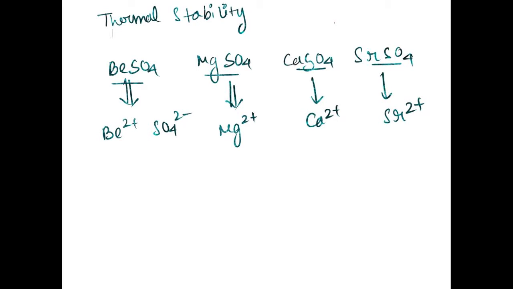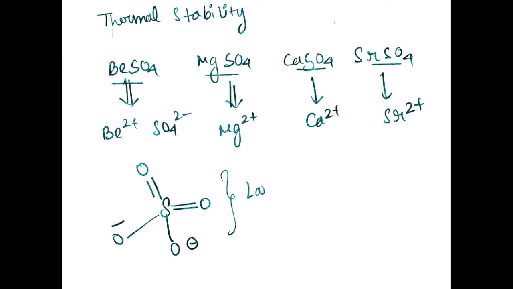For thermal stability, as we know, sulfate ion is a large anion. If it binds with a larger cation, that binding will be more prominent. So with increasing size of the cation, the interaction between anion and cation will be better, meaning the bonding stability will be better.